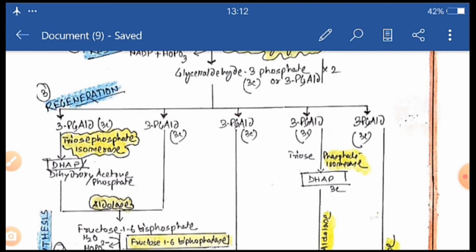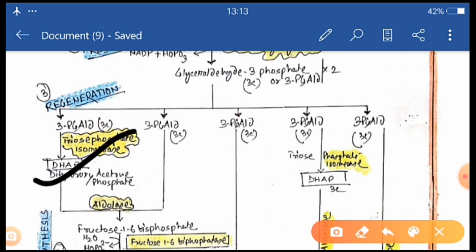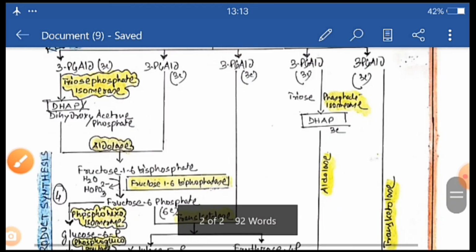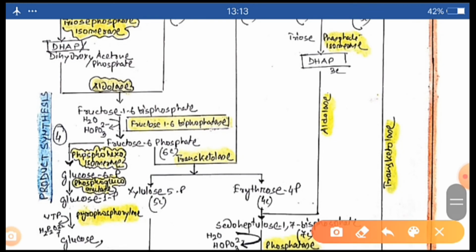3-PGALD is first converted to DHAP, and DHAP reacts with 3-PGALD to form fructose 1,6-bisphosphate. This fructose 1,6-bisphosphate will be converted to fructose 6-phosphate. Then fructose 6-phosphate will react with 3-PGALD, and in their combination 9 carbons result.